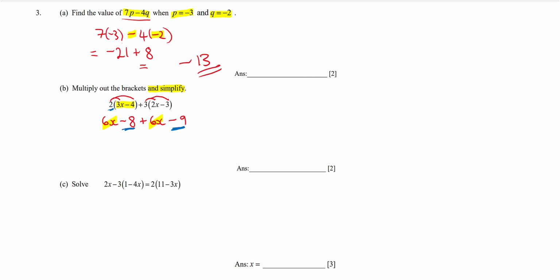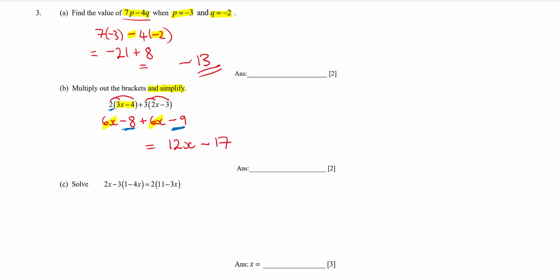So adding the terms of x together, we have then 6x plus 6x is equal to 12x, and then we have minus 8 minus 9 is equal to minus 17. So that's our answer for 3b.